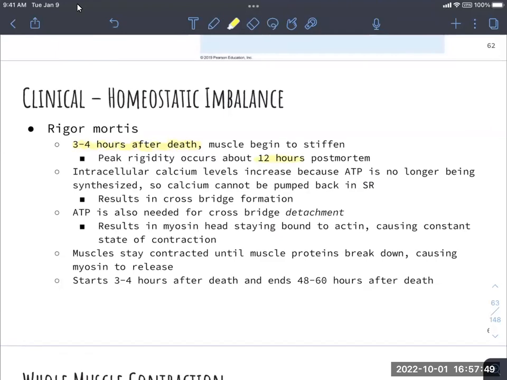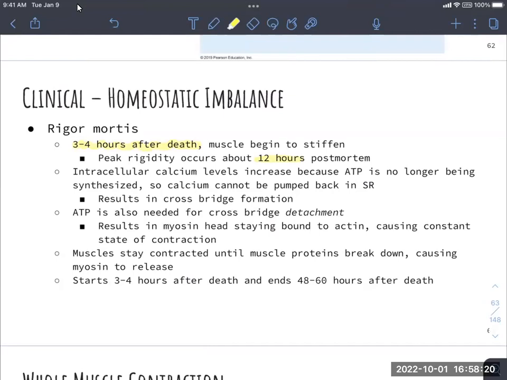What is happening is we're getting a lot of calcium being released into the cell as these muscle cells are starting to die. But because of that, we have all this ATP that's not being synthesized. So our calcium doesn't get pumped back into that sarcoplasmic reticulum.